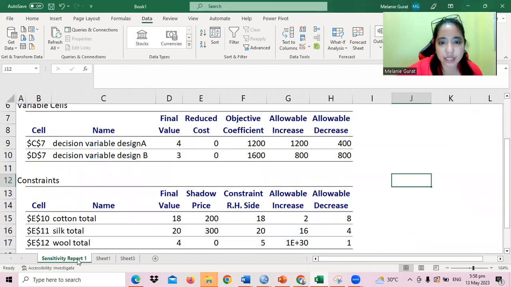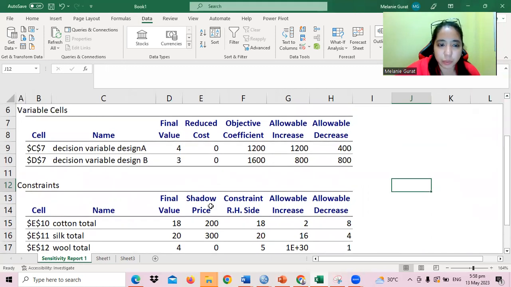Now going to the sensitivity report result. So here is the sensitivity report. Let us consider the first table. We have here the final value, and we understand what it means because it has already been explained that the number 4 here indicates that we will be producing 4 gowns using design A and 3 gowns using design B. The reduced cost is 0.